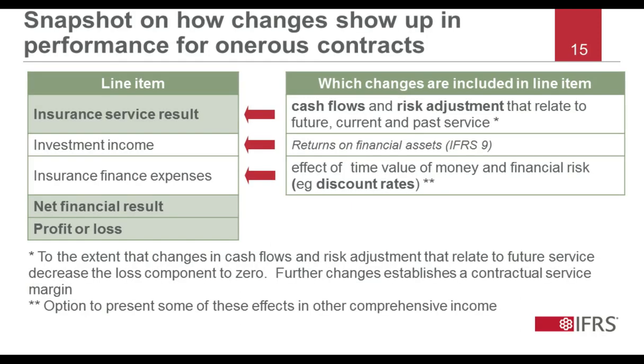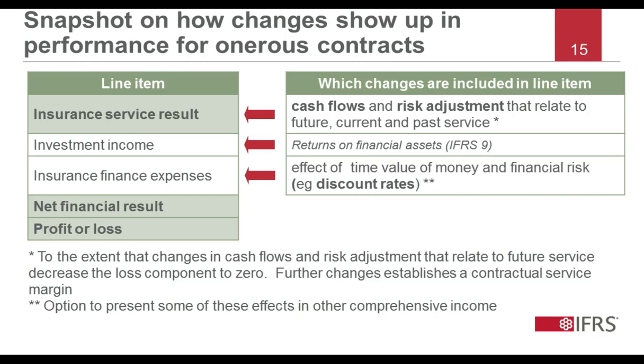This slide provides a high-level overview of where changes are reported in the Statement of Comprehensive Income for onerous contracts. It's a similar slide to one we discussed earlier in the webinar, but there are slight differences because we are discussing onerous contracts now. Firstly, changes in cash flows and the risk adjustment that relate to future, current, and past service are reported as the insurance service result.